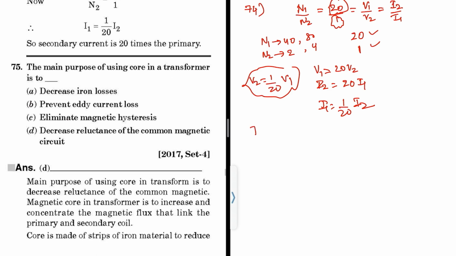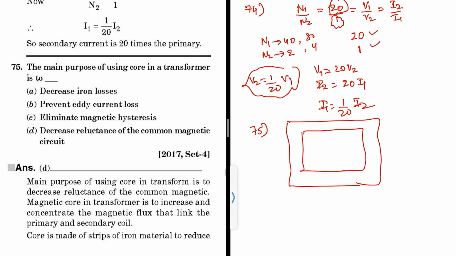Question number 75. The main purpose of using core in a transformer. Generally we will give a core and the winding will be there, right? So this portion is air. Air has reluctance, and the core also has reluctance, but generally air reluctance is greater than the core.